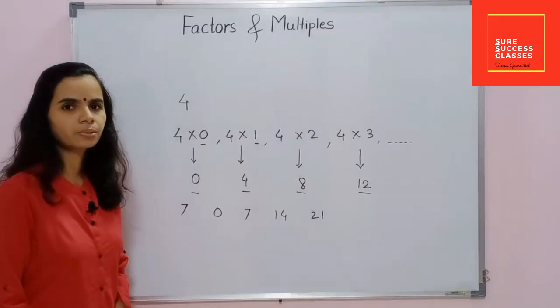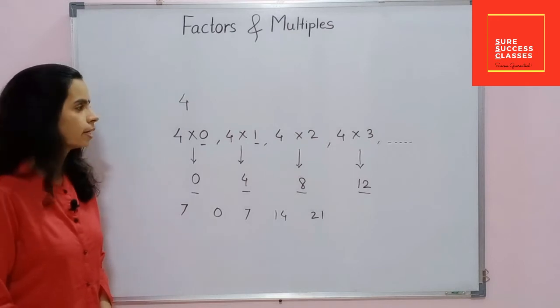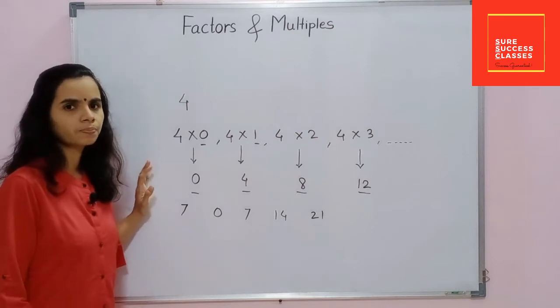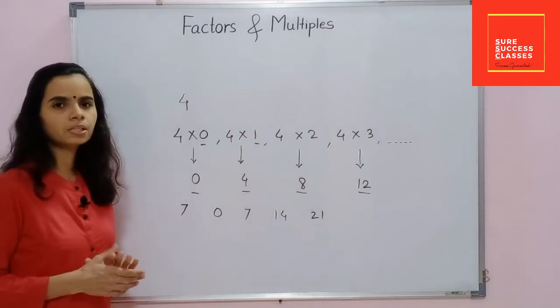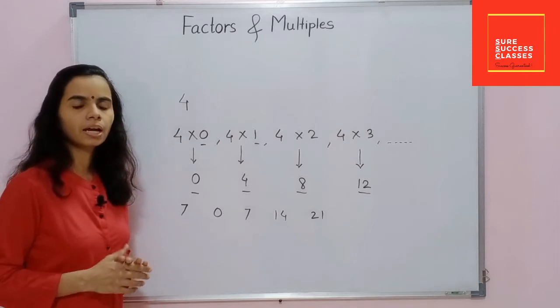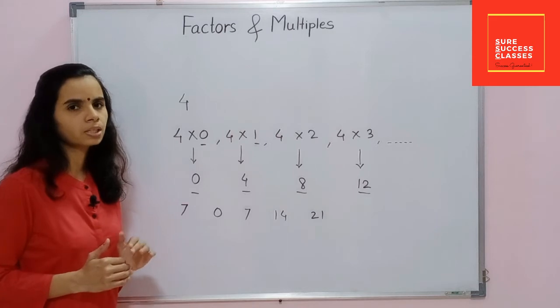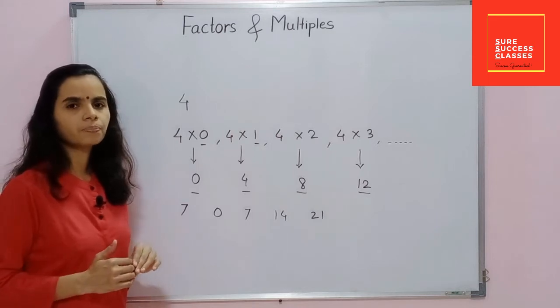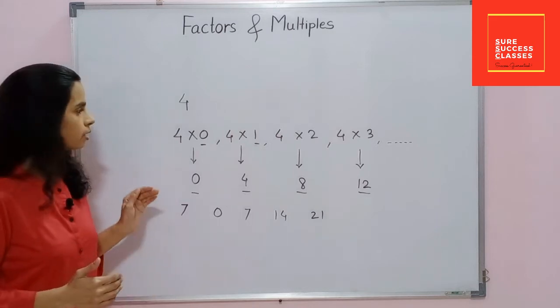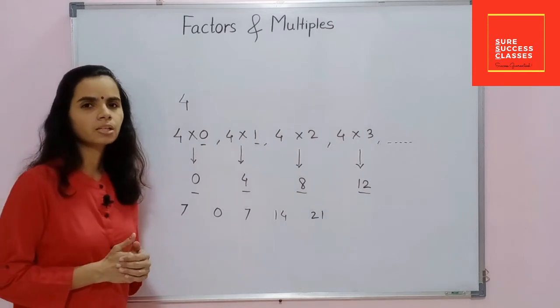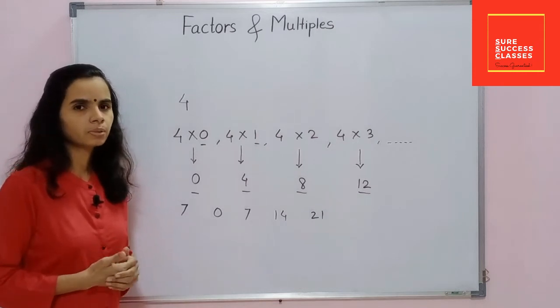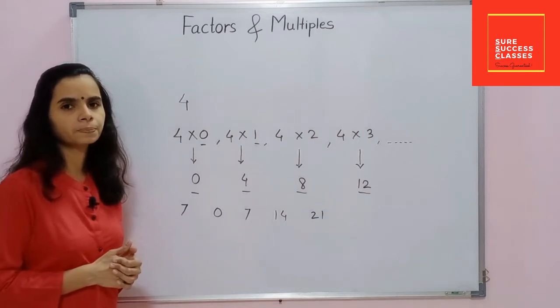Students, you should keep in mind important facts about multiples. First, every number is a multiple of itself, and the least non-zero multiple of a number is the number itself. And the second fact about multiples is that there are infinitely many multiples of any number.